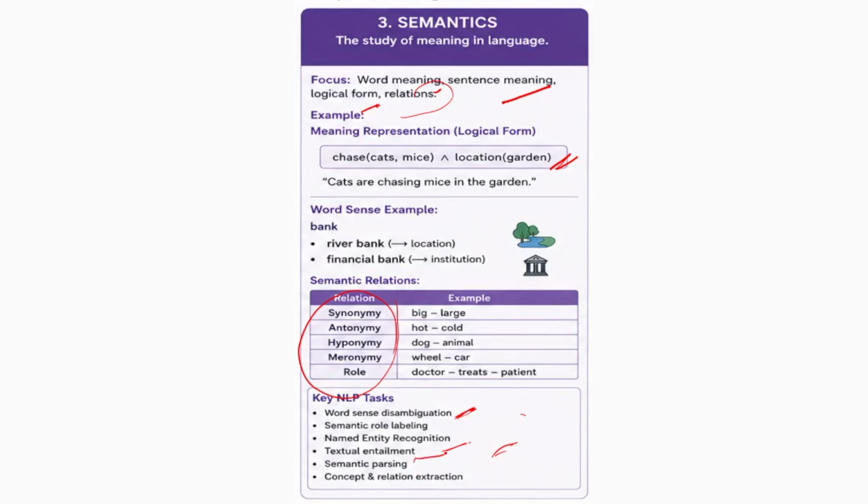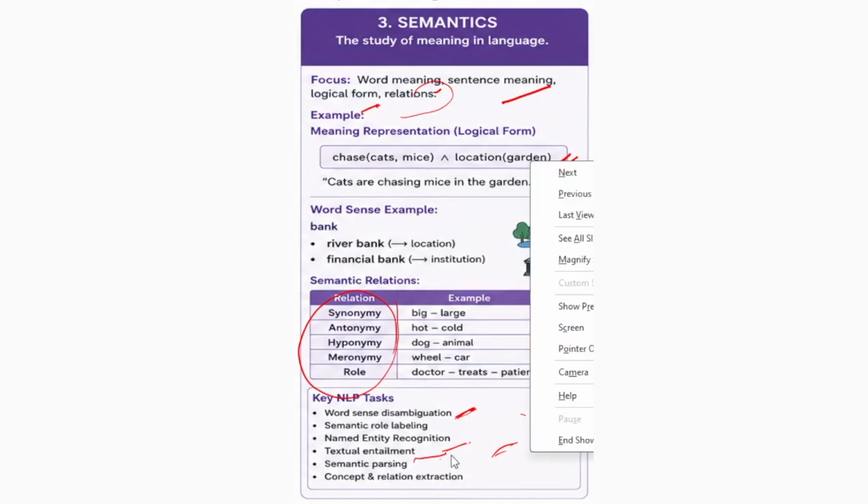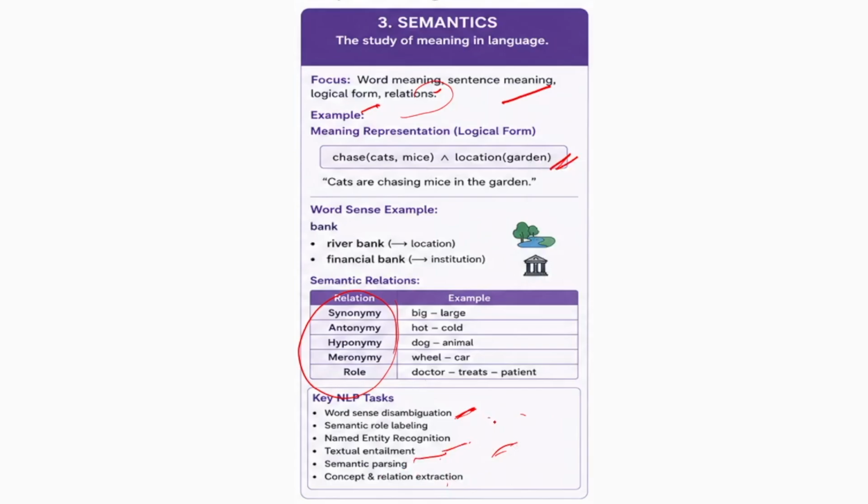Those things are represented as named entity recognition. Then the textual entailment, what one phrase leads to the other, the parsing and the concept relation, all these are going to be some of the key NLP applications that can be addressed on the semantics side.